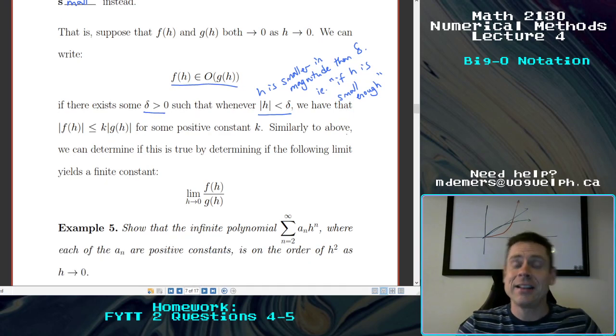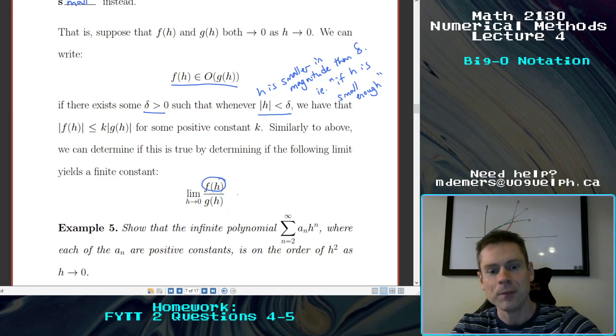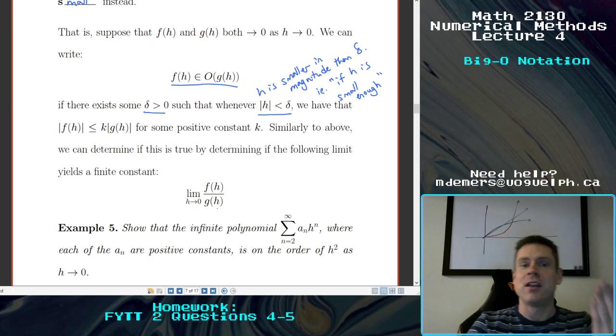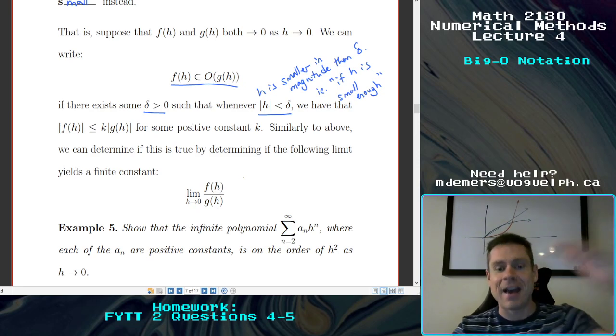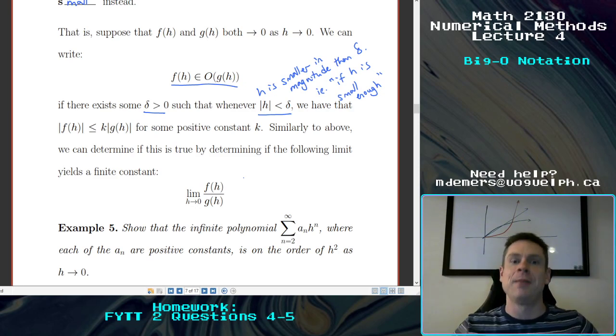You can, again, determine that this is true by evaluating a limit. But this time, it's going to be where the top is going to 0 and where the bottom is going to 0. You take a limit not as n goes to infinity, but as h goes to 0. If you get a constant, then that means that the f and the g must decrease in at least roughly the same sort of way.